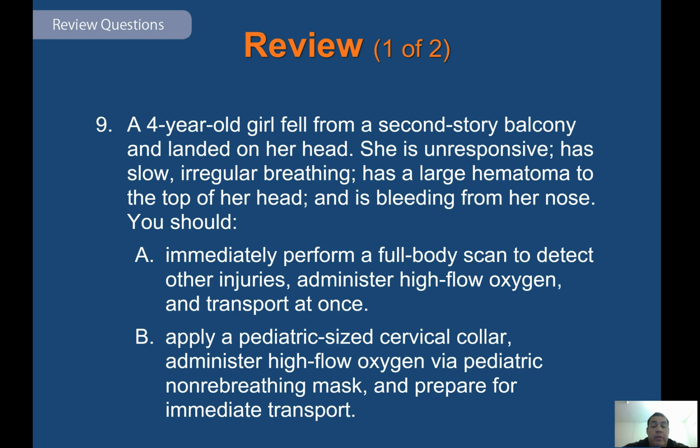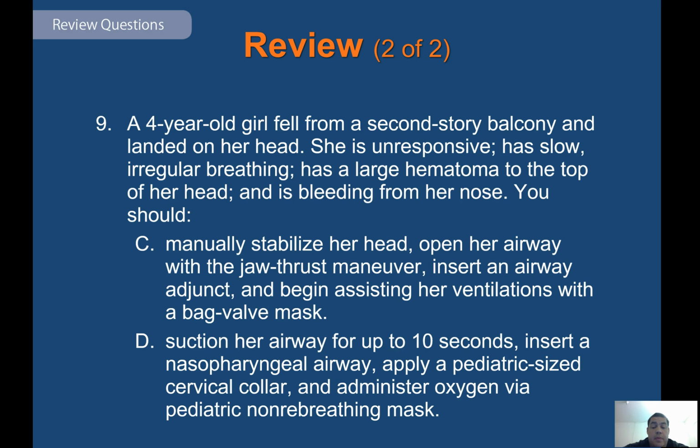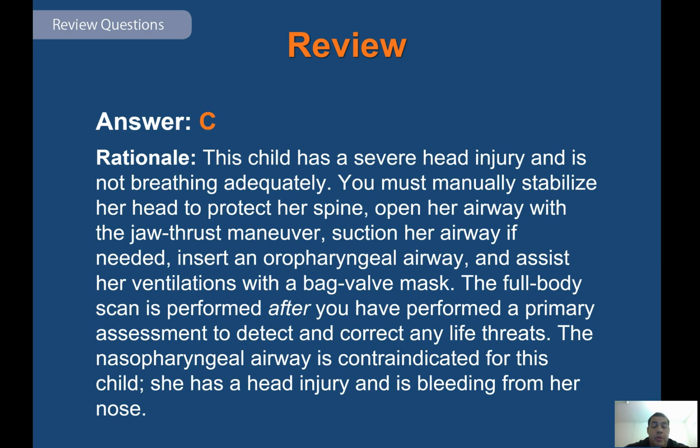So a 4-year-old girl fell from a second-story balcony and landed on her head. She is unresponsive, has slow, irregular breathing, has a large hematoma to the top of her head, and is bleeding from her nose. You should... So C, the child has a severe head injury and is not breathing adequately.